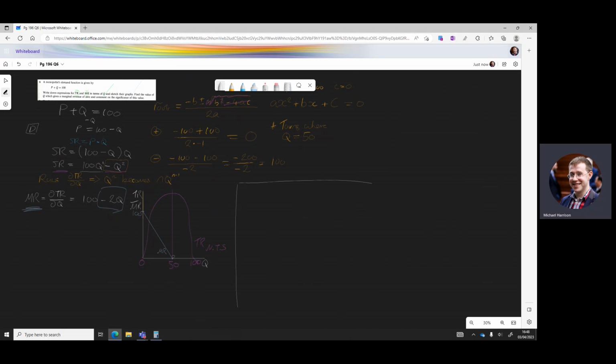If I say that I want marginal revenue to be equal to 0, I could say 0 is equal to 100 less 2Q, and I can start solving down for a value of Q. So let's bring Q over to the left-hand side, make it positive. 2Q becomes equal to 100, so Q must be equal to 50. And without too much sweat, I've solved that with two very different methods.